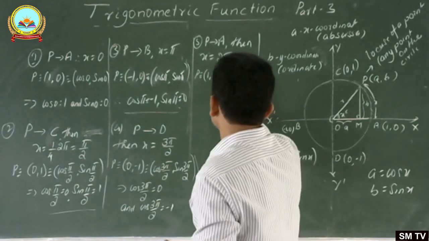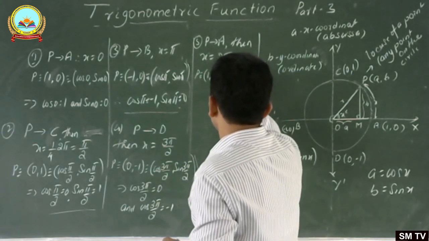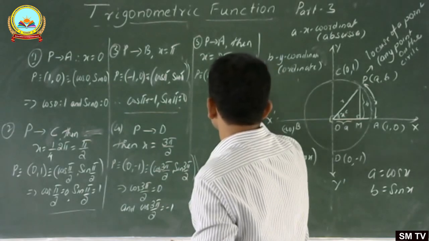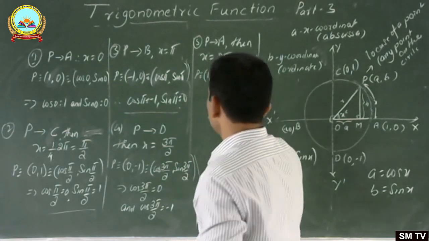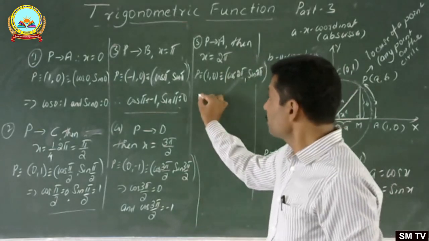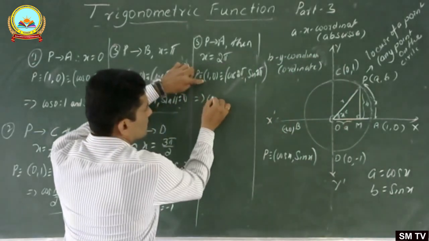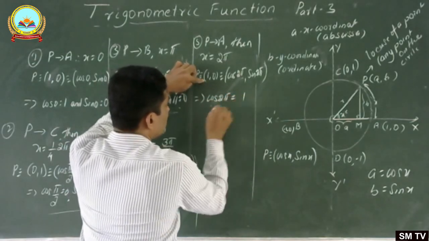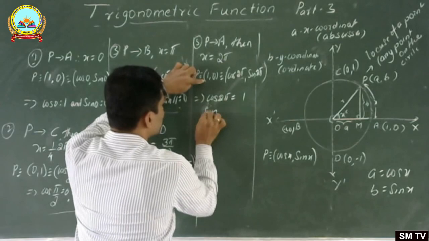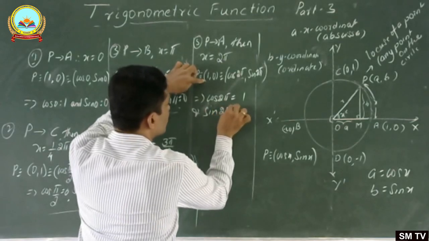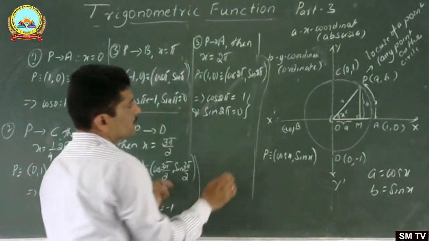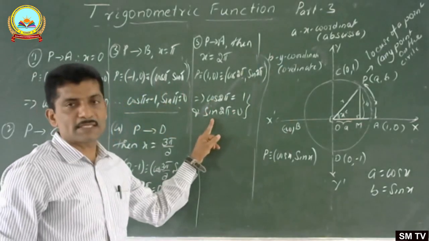In trigonometric form, cos of 2 pi, sin of 2 pi. You can say that cos 2 pi is equal to 1 and sin 2 pi is equal to 0. This is clear.